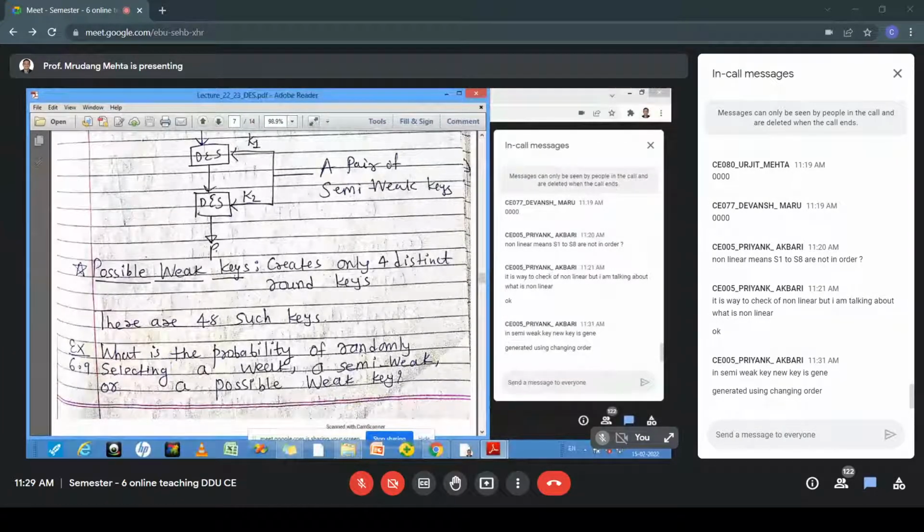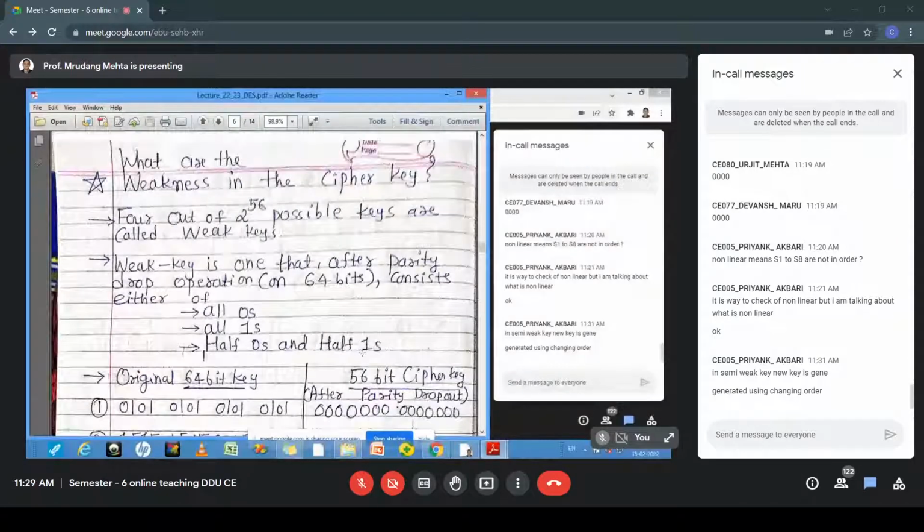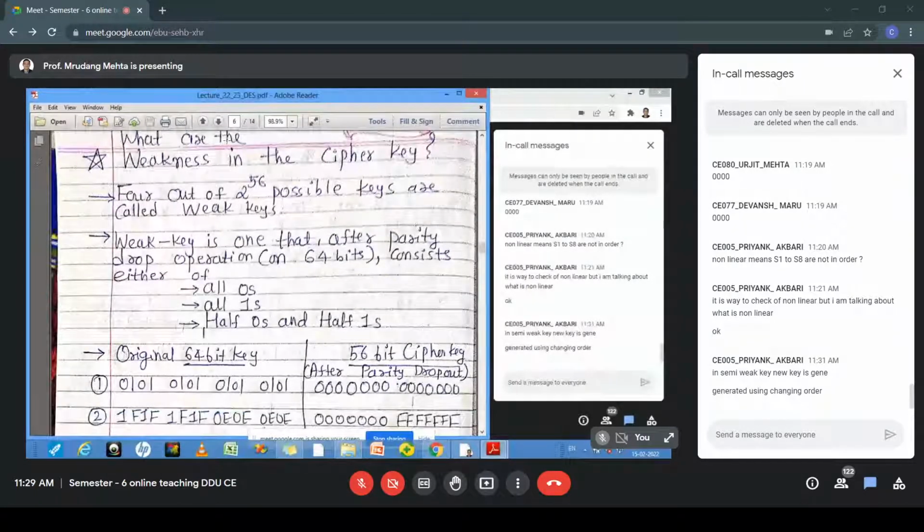See, it is very simple. Once again, I'm going back to the point from where we started this weakness. See, there are 2 raised to 56 possible keys. How is it 2 raised to 56 possible keys? Can anyone tell me? I explained it at that time.